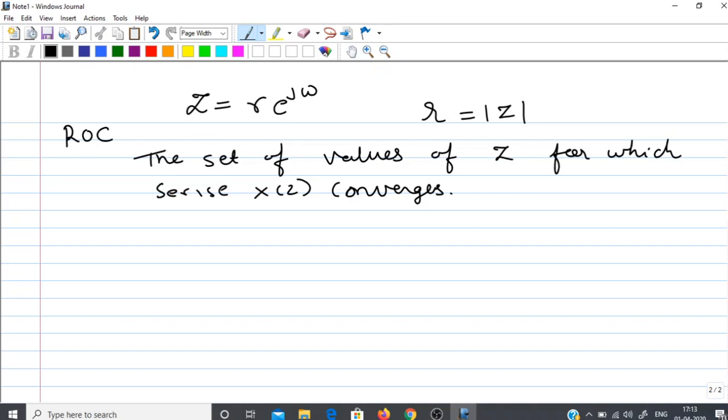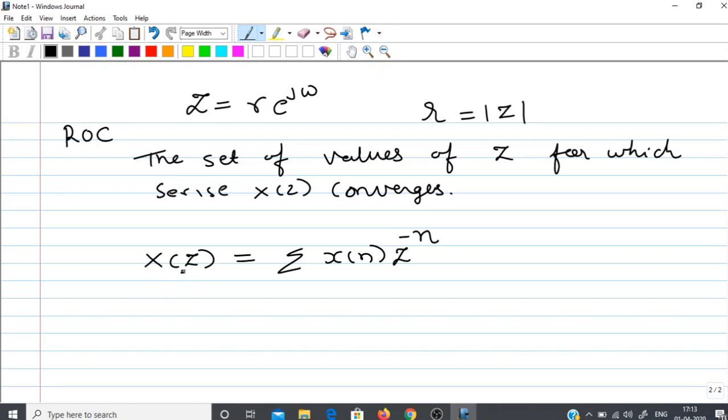Now omega being an angle, it will not affect the ROC. So from the definition of ROC, what can we conclude? X(z) is the summation of x[n] z to the power minus n, and the ROC means where the mod of X(z) is finite.